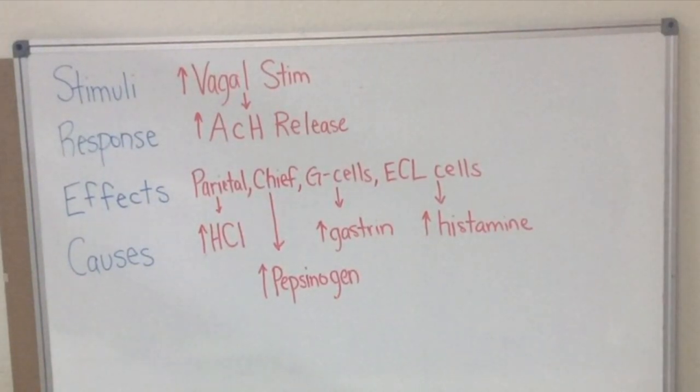An increase in acetylcholine is going to increase the amount of hydrochloric acid secreted by the parietal cells, increase the amount of pepsinogen released by the chief cells, increase the amount of gastrin secreted by the G cells, and it will increase the amount of histamine released from the endochromaffin-like cells.